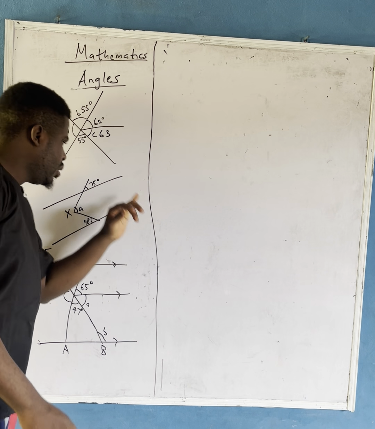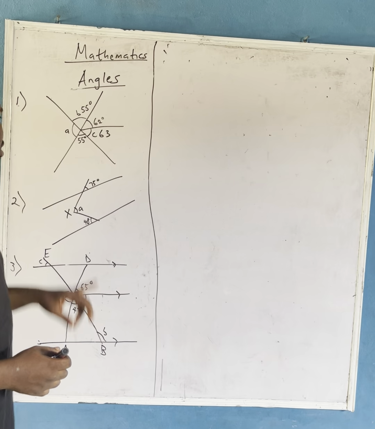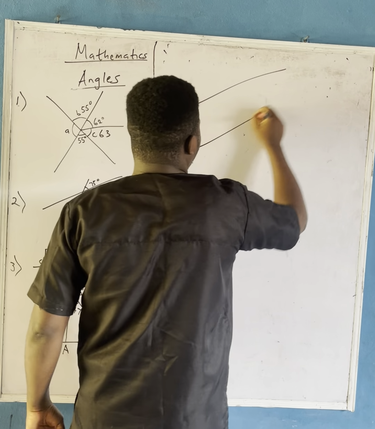When we look at this angle, if we try to find alternate angle, corresponding angle, it might be difficult somehow. But there is something we can actually do that will help us solve this number 2 question. Let me first draw the angle out.